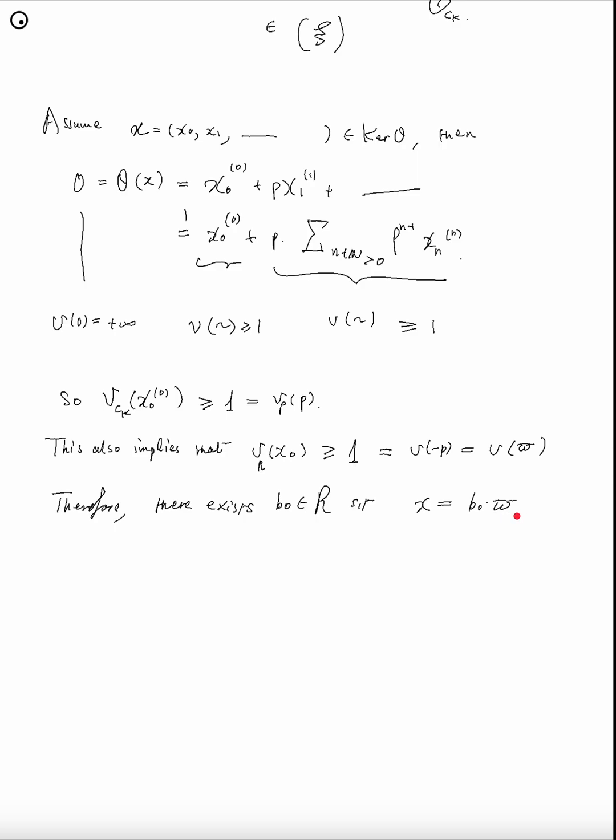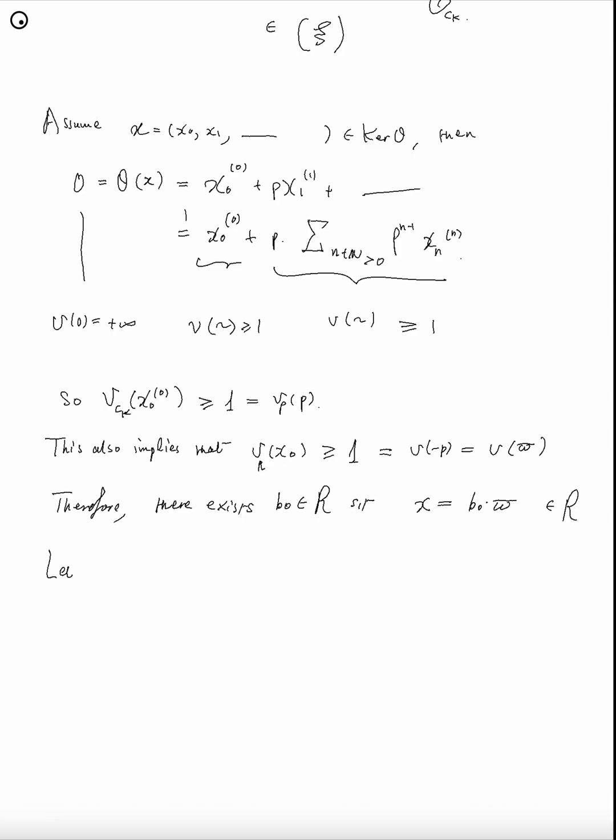So x is in R, omega bar is in R, so this is in R. Because x has valuation bigger or equal than the valuation of omega, and in fractional R you can always find such b0, but because the valuation of this b0 must be positive, this b0 is again in R.